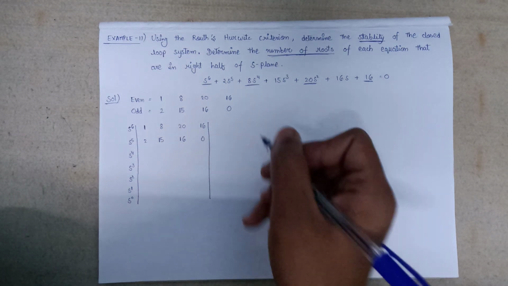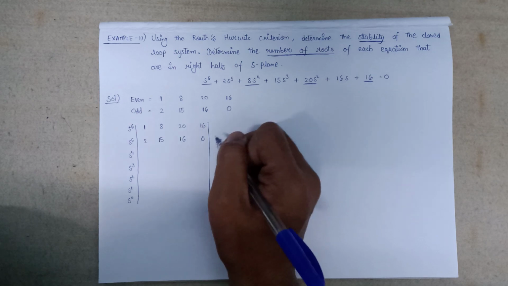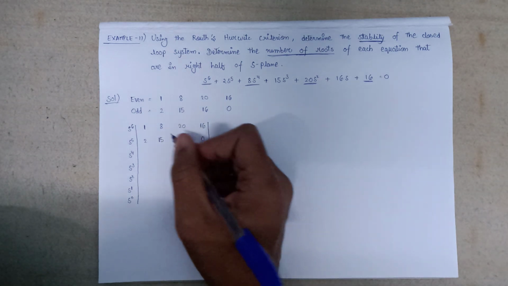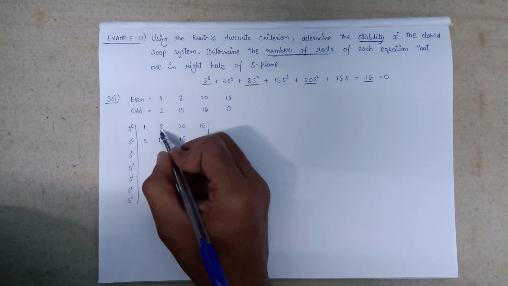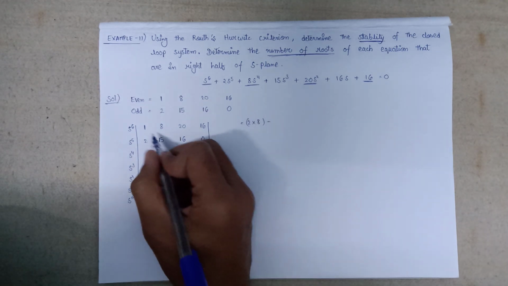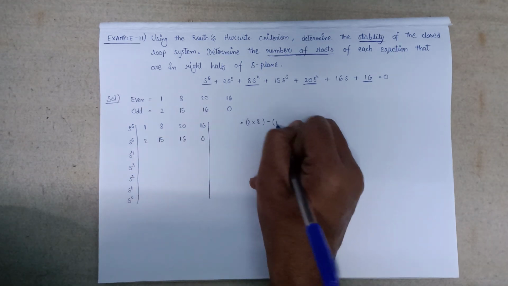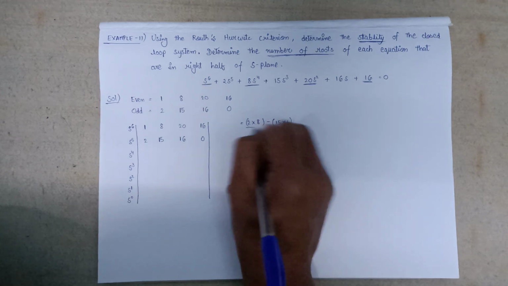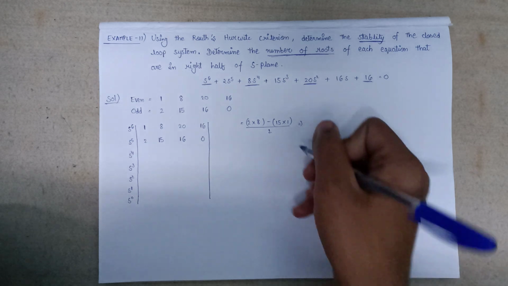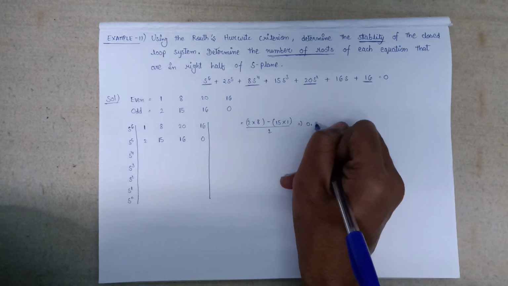After this, we will perform the cross multiplication method to write the further elements of the Routh array. So 2 will be multiplied with 8: 2 into 8 minus 15 multiplied with 1, the whole divided by 2. So here we get 0.5 as a result.